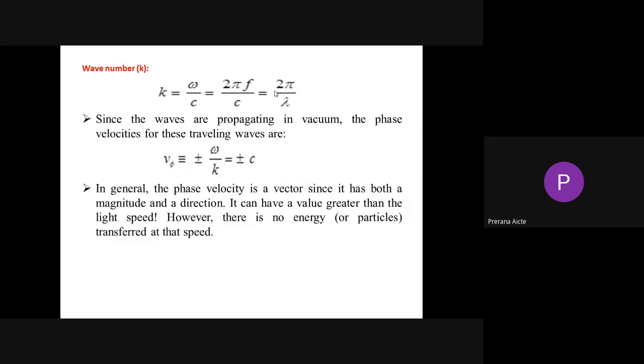In general, the phase velocity is a vector since it has both magnitude and direction. It has a value greater than the light speed. However, there is no energy or particles transferred at that speed.